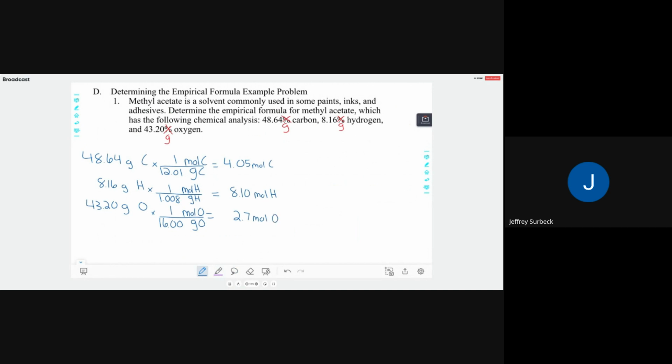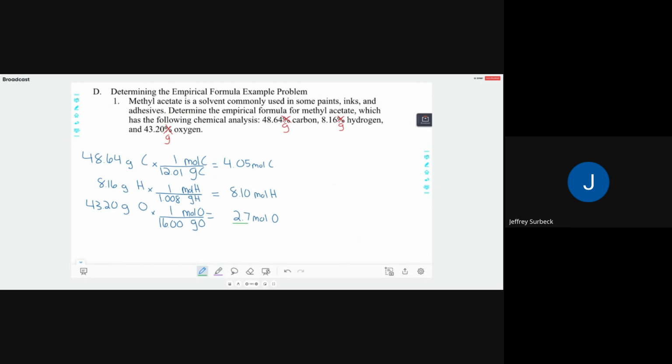At this point, this is a really odd and weird step. Which one of these numbers on our right is the smallest? 2.7. Yep, oxygen. Everything on the right-hand side is going to get divided by that smallest number.